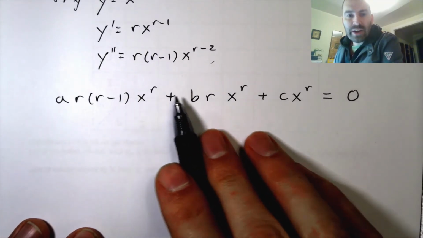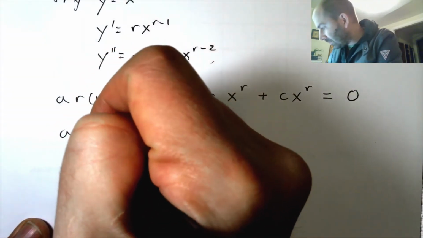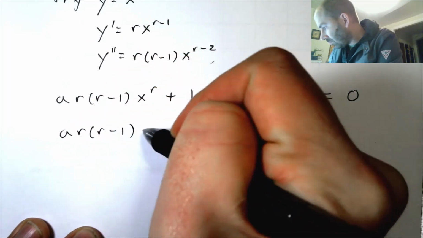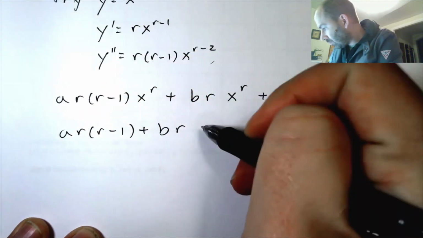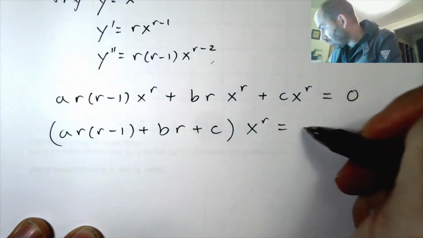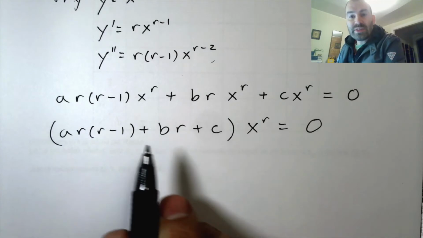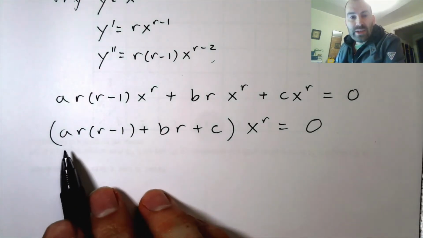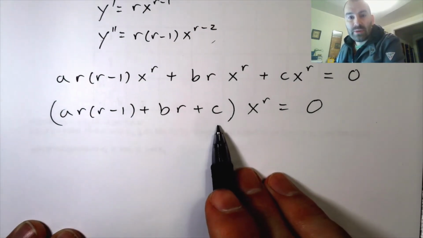Well, I could factor out the x to the r, right? Which means if this is going to be true for all x, this thing has to be 0, right?